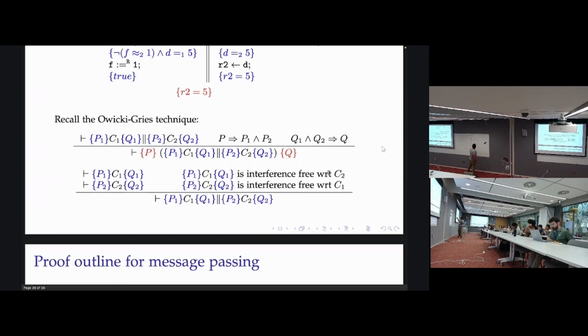And then here I've got... So I'm telling you what the precondition of the program is, telling you what the postcondition of the program is, and what we need to do is fill in these blanks here.